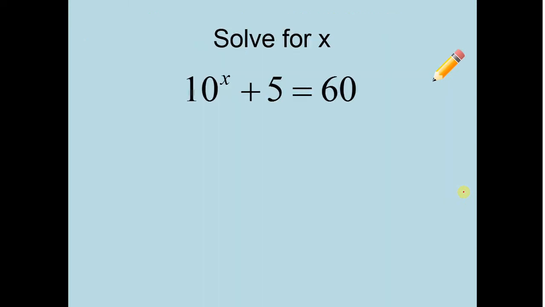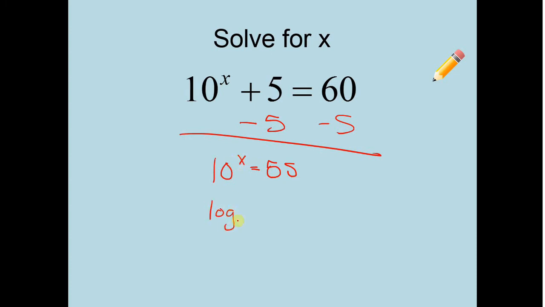What about this one? I need to solve for x. So let's subtract 5 first. So we're going to get 10 to the x equals 55. I'm stuck in exponential form. I can't get to this x, so let's go to log. So log base 10 of 55 equals x.